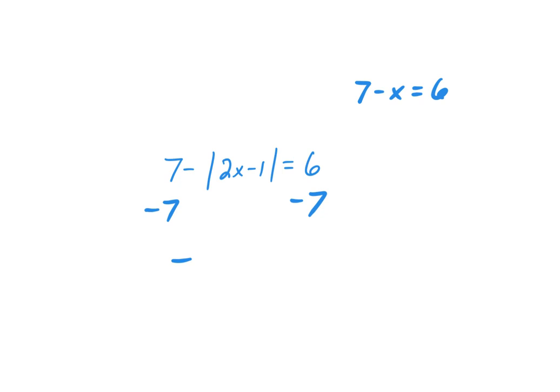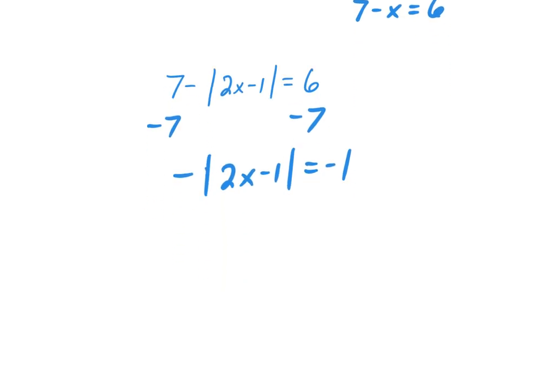Now, the minus sign in front of the absolute value is still going to be there. And if you wanted to, you could treat this as like a -1. There is no coefficient in front of the absolute value, but if you wanted to put a number there, it would be like if there's nothing in front of x, we know there's always assumed to be a 1 in front of there.